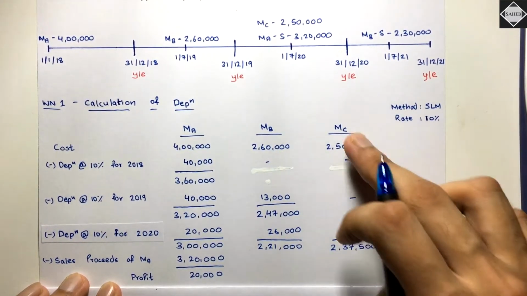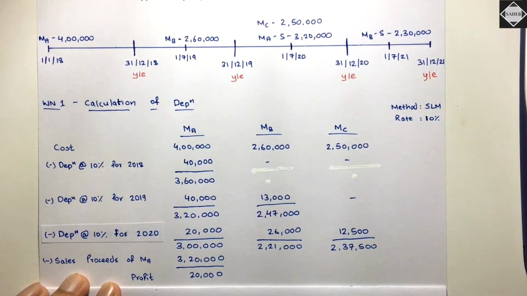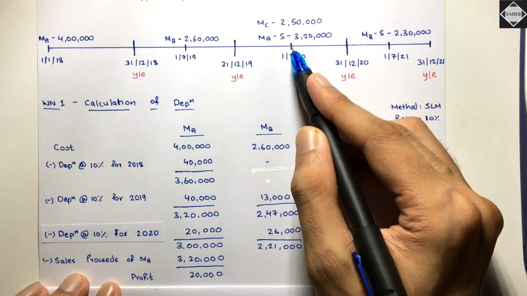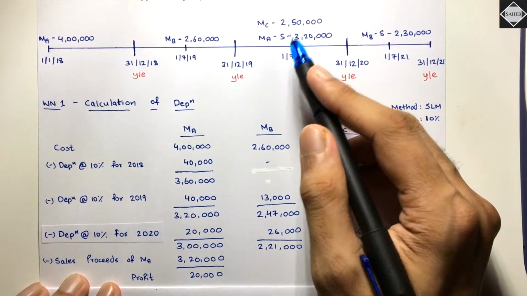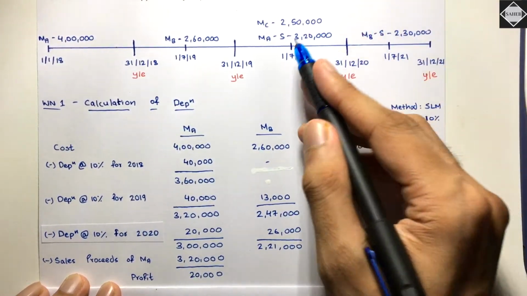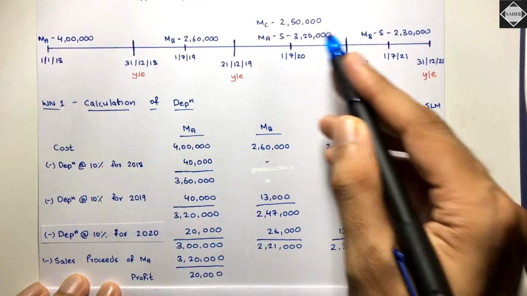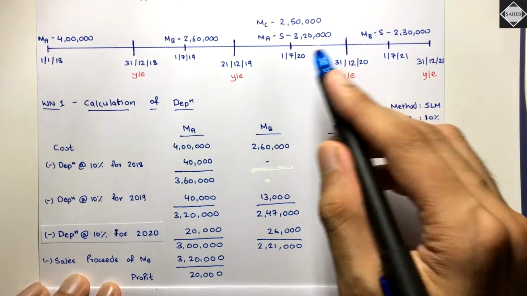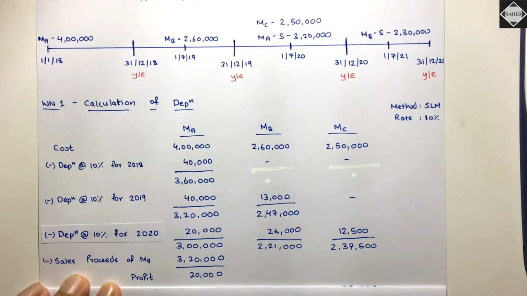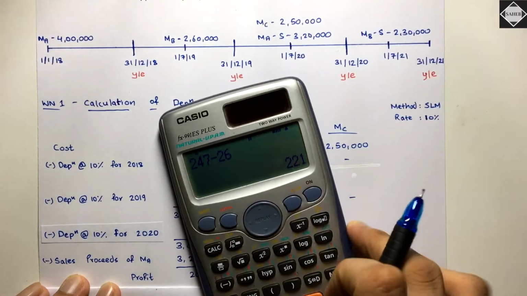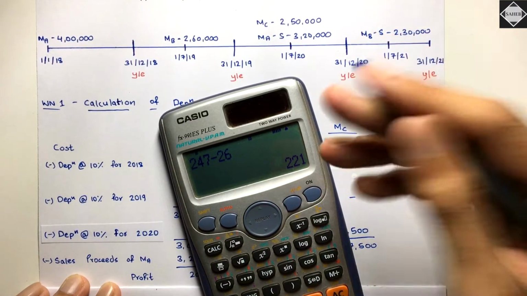Fine. Now come to the machine C. In machine C also you have to calculate the depreciation. Now for machine C, understand you have purchased this in between the year. So you have to charge proportionate depreciation from the date of purchase till the date of year end. Is that clear? So let's do that. From 1st July till 31st December is 6 months.